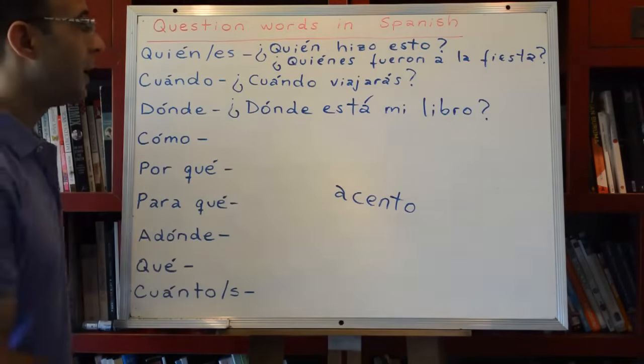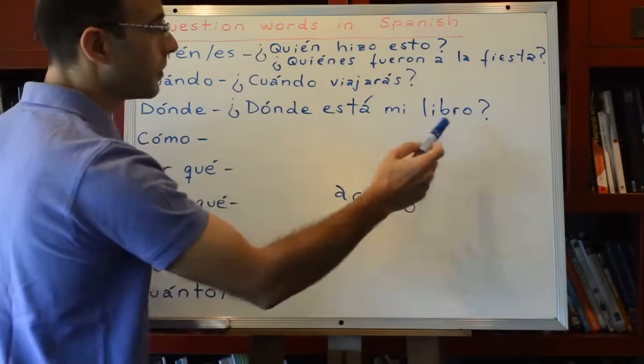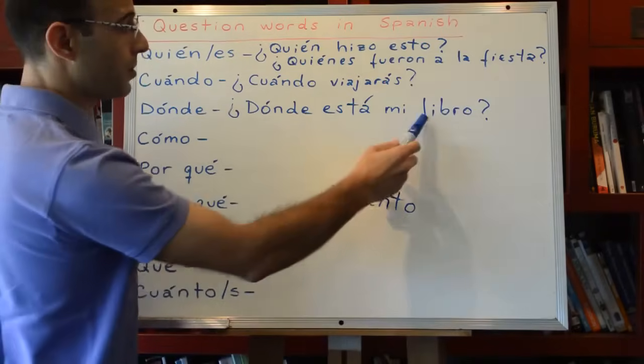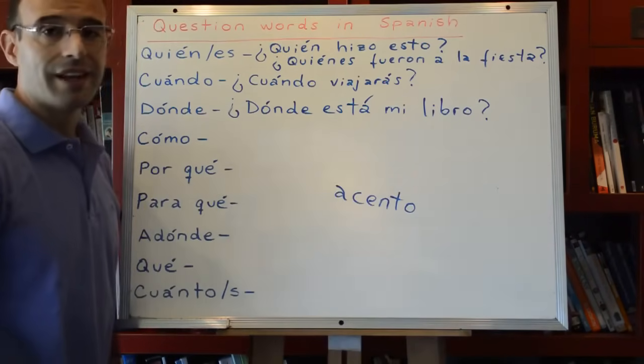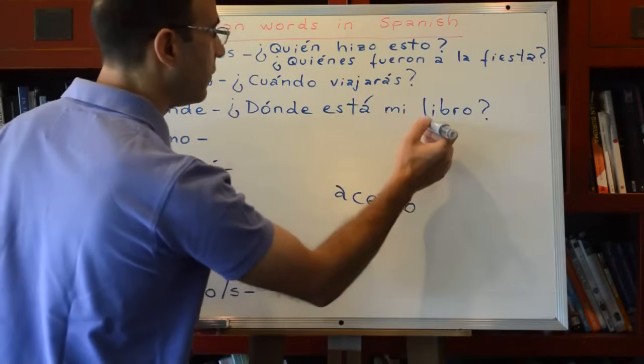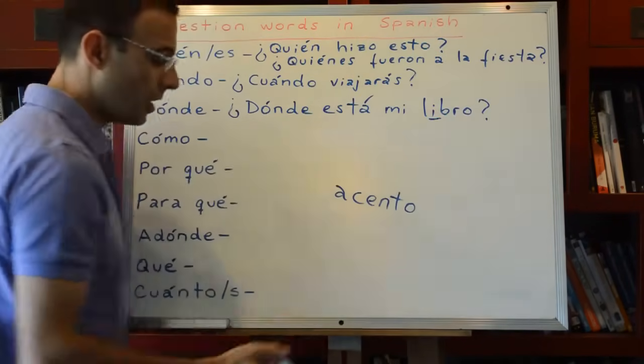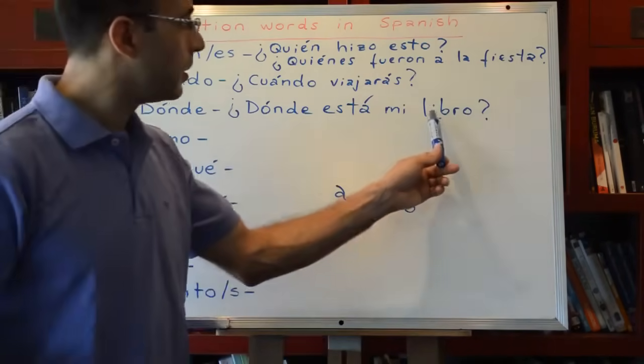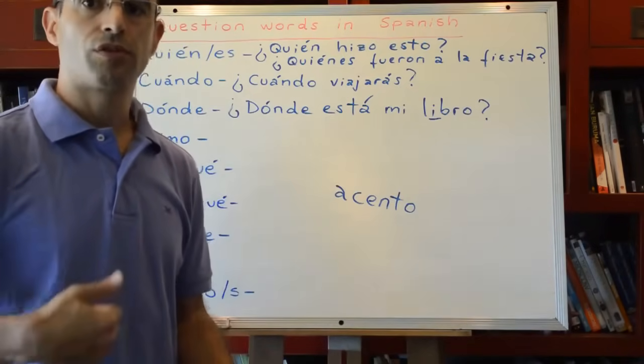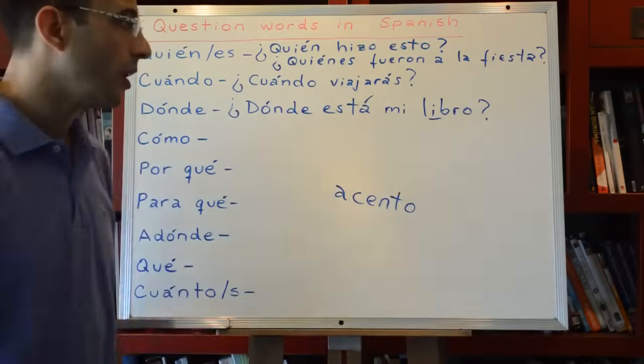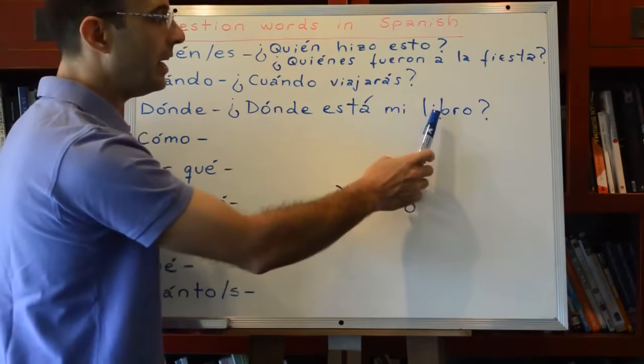For example, libro has no tilde in Spanish. However, the acento, the accent, is here on the I, because this is the vowel that carries the stress, the tone stress, right? We do not say libro, we say libro.